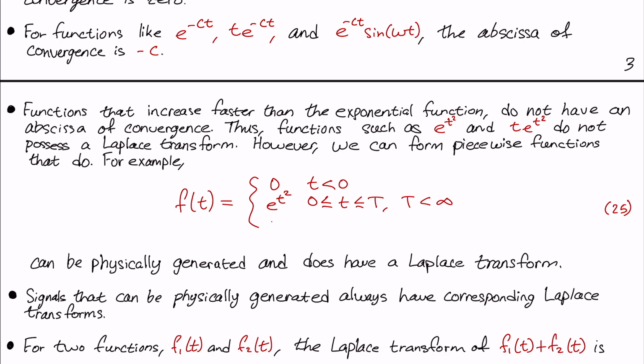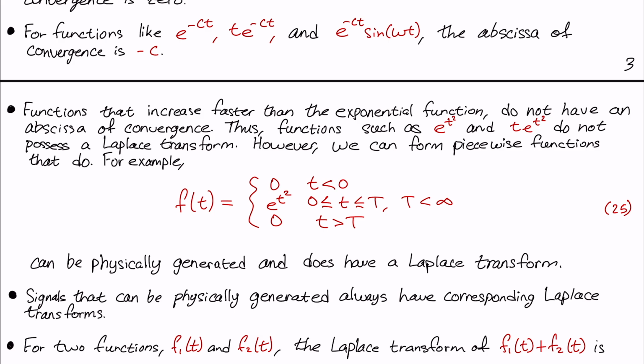And then after little t reaches big T, we'll have 0, for little t greater than big T. This is a signal that you could physically generate if you had a signal generator, and as a result, it does have a Laplace transform.